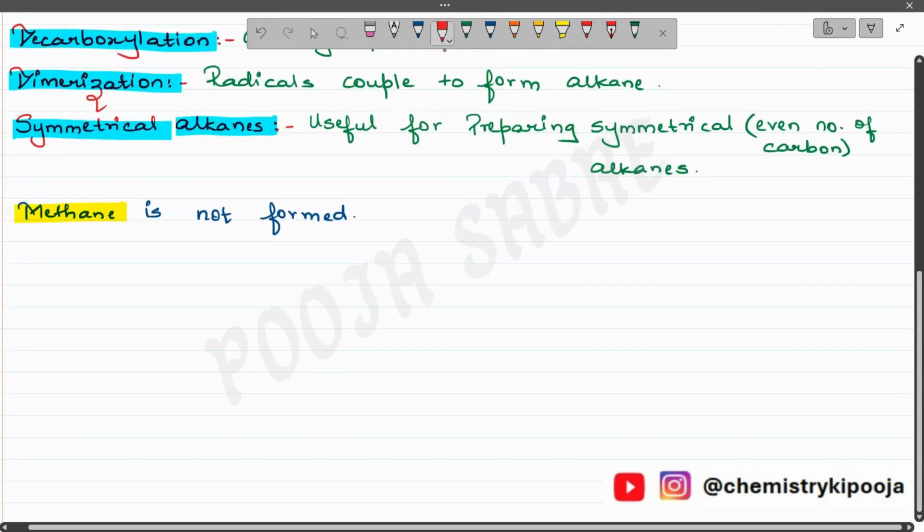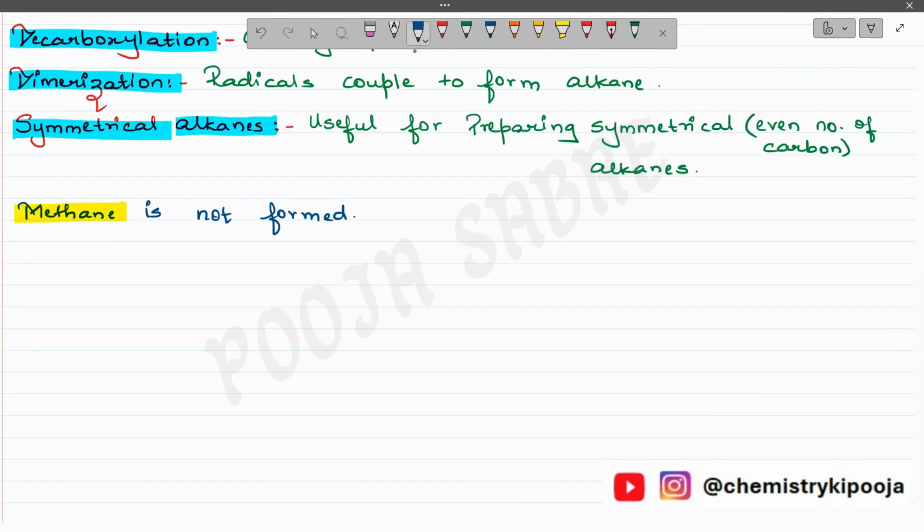Why can we not prepare methane? Suppose I have CH4, this is the structure of methane, right? Now what we have studied, when two radicals combine, I will be getting a carbon-carbon bond. Very simple: the first member or the smallest free radical is the methyl group.